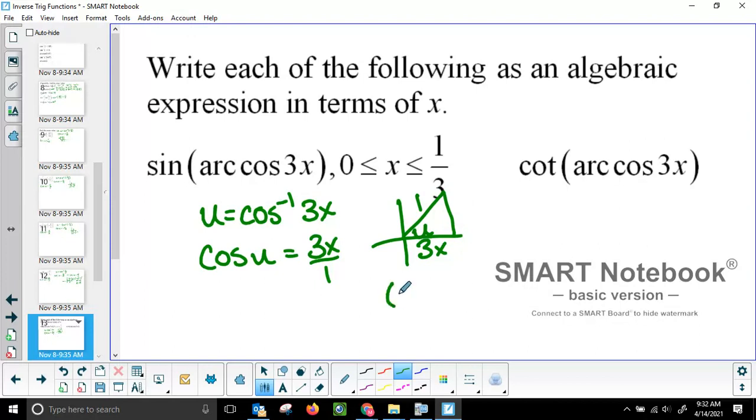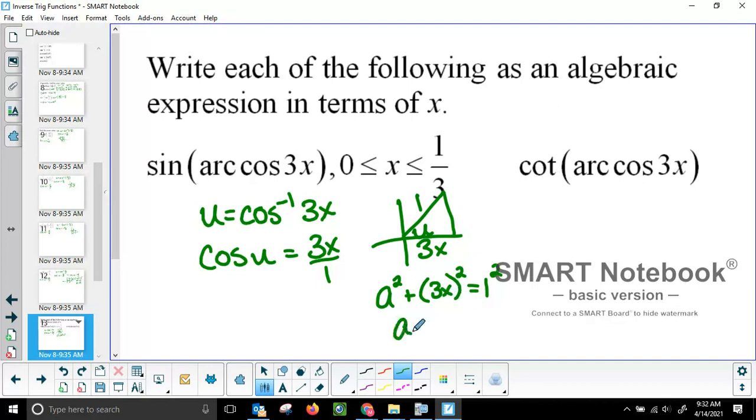So I guess I'll just call that a. So a squared plus b squared is equal to c squared. And you do have to be careful to square the whole 3x, don't just square the x.